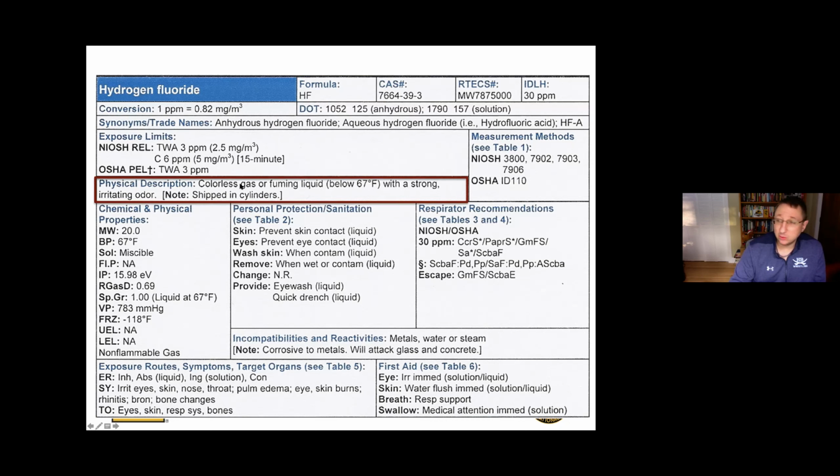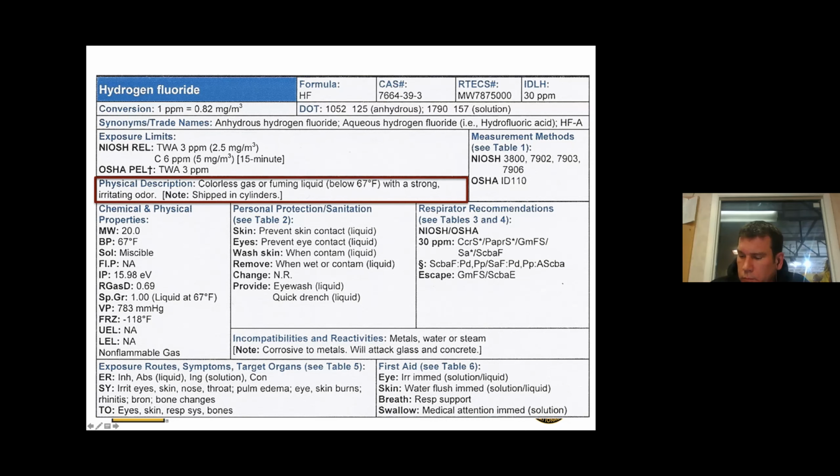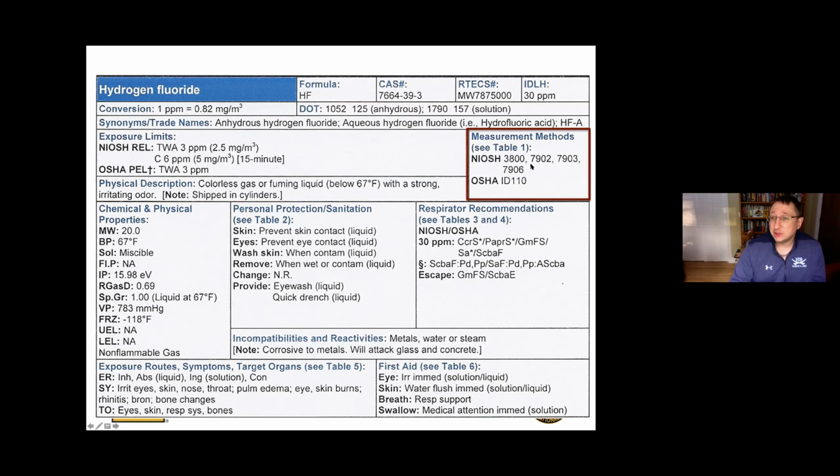Physical description, so what it looks like, what phase it's typically going to be found in. Measurement methods. What does this box here tell us? That's a really important one for me.